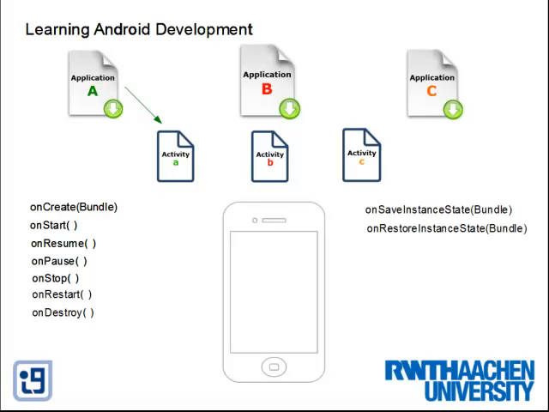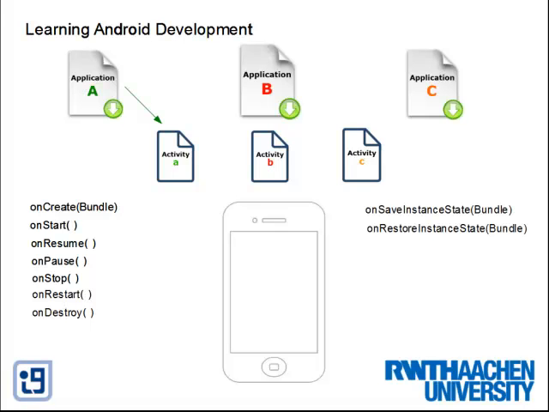I hope you got a basic idea of the activity life cycle. I will wrap it up again: in an Android mobile device you might have a bundle of applications, and inside these applications there will be one or more activities, and inside the process there is a life cycle of these activities which call different methods whenever needed by the system.